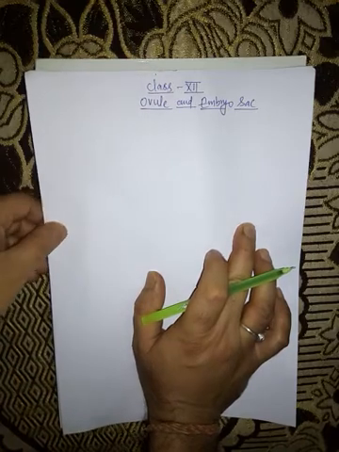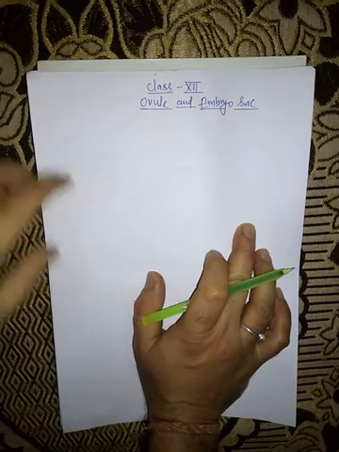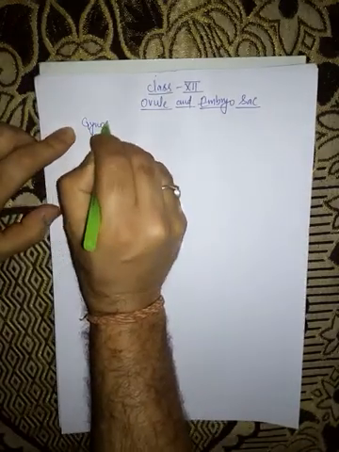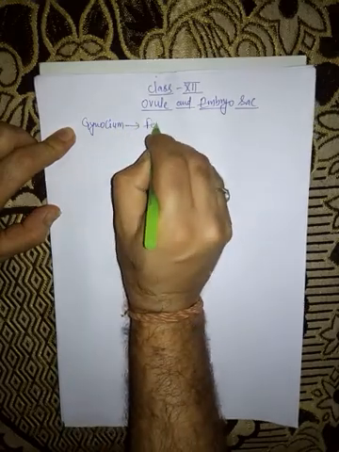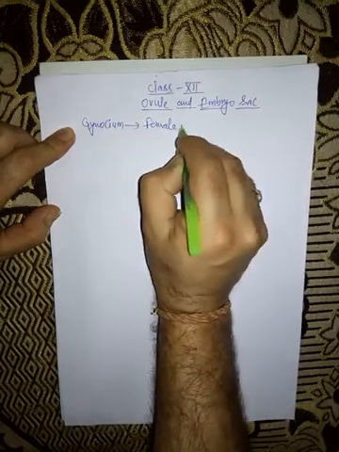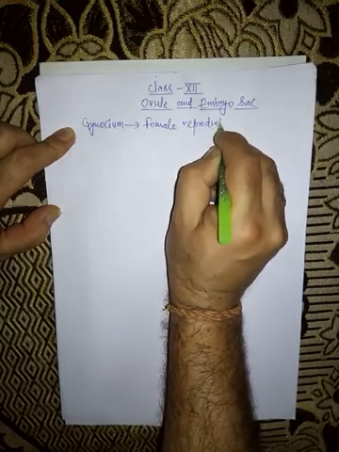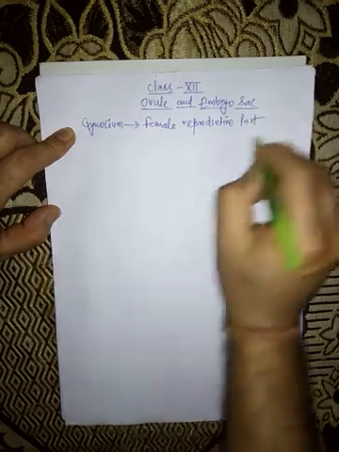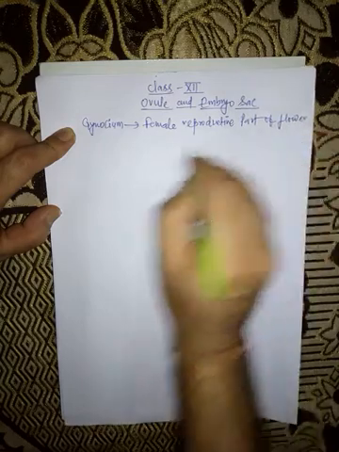You know that the female reproductive part of the flower is called gynoecium. Gynoecium is the female reproductive part of the flower.